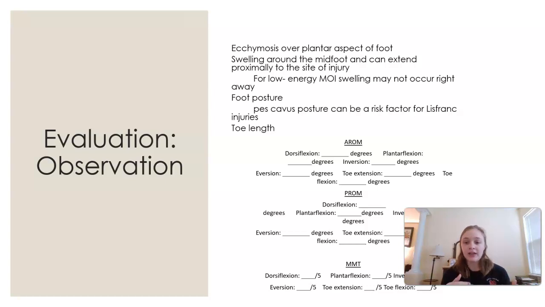We can do that for active range of motion and passive as well. And for manual muscle testing, again, making sure we're testing the strength of not only the ankle, but the foot, to rule out associated pathologies. So assessing dorsiflexion, plantar flexion, inversion, eversion, toe extension, and toe flexion.